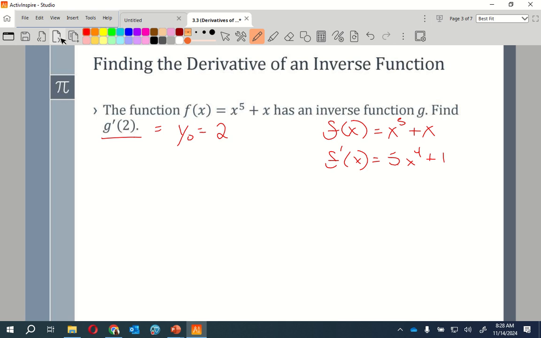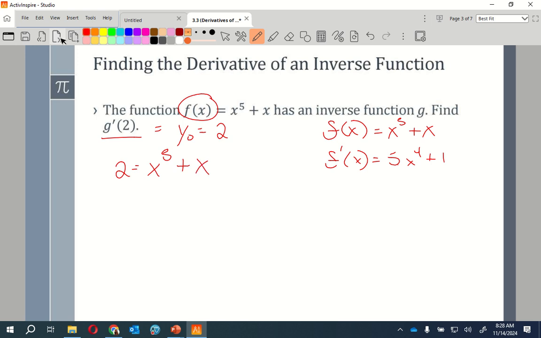Like any of those really long problems that we have, label everything and, item by item, slowly solve it. Start plugging into what we have. I know that my y value is equal to 2 in my function. So I'm going to replace the y, or my f of x, with 2. So I'm going to say that 2 is equal to x to the fifth plus x.